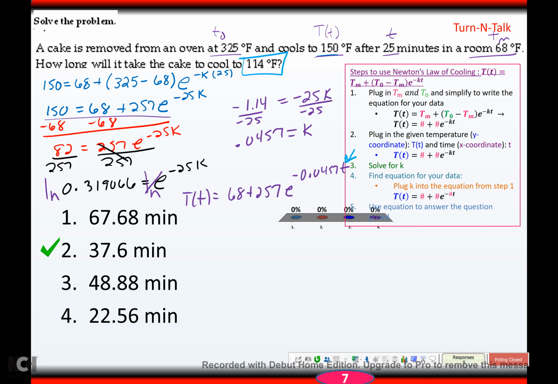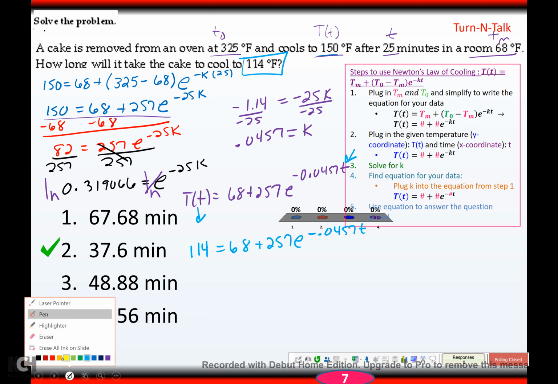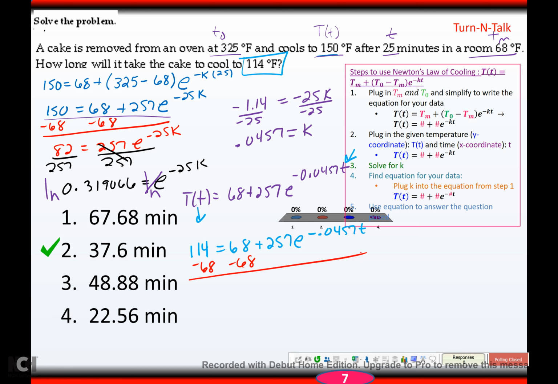So I want to know the time when the final temperature is 114. 68 plus 257e to the negative 0.0457t. Again, I'm going to have to isolate so that I can ln it. So minus 68, 114 minus 68, I get 46 equals 257e to the negative 0.0457t.